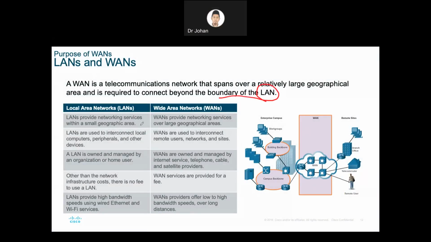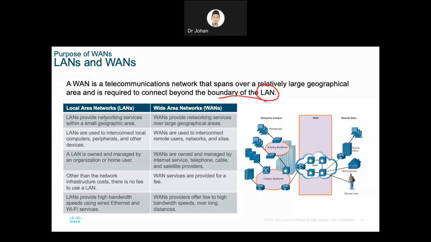If we have another organization in another place, we have to connect that organization's network using a WAN. So we need to subscribe to WAN services. A WAN provides networking services over a large geographical area.